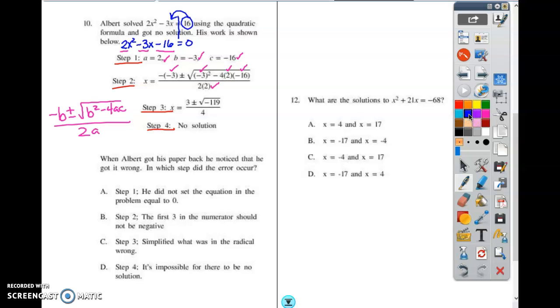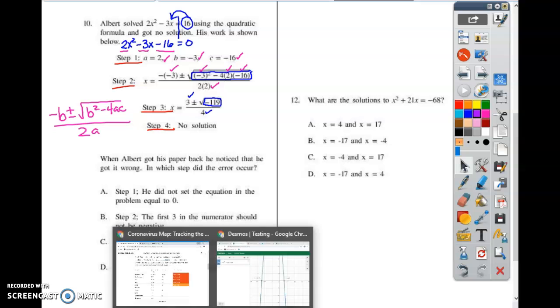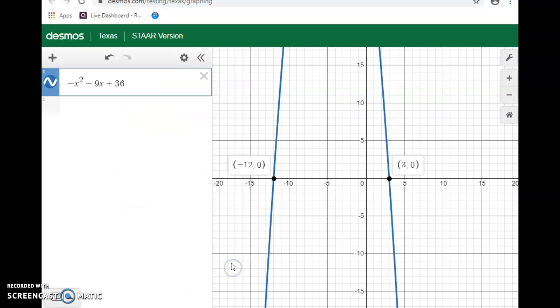Step 3, okay, when I do negative times a negative is a positive, check. Type all of this in Desmos and see if it gives you this. Because the bottom is correct. 2 times 2 is 4, check. So we're checking this part, type all of that in Desmos and see if it's correct or not. Negative 3 squared.